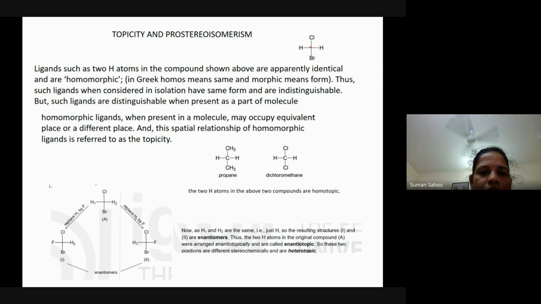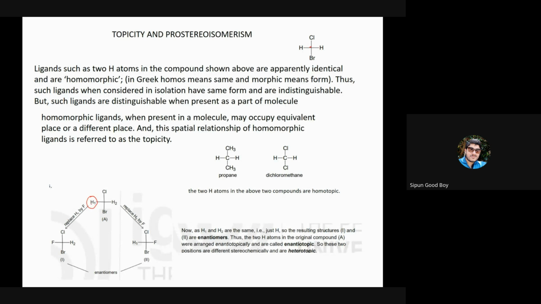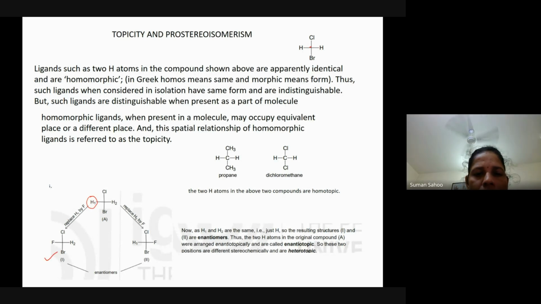Suppose we replace one with a fluorine, we get this enantiomer, and when we replace the other hydrogen we get a different enantiomer. That means these two hydrogens' positions are different in space.